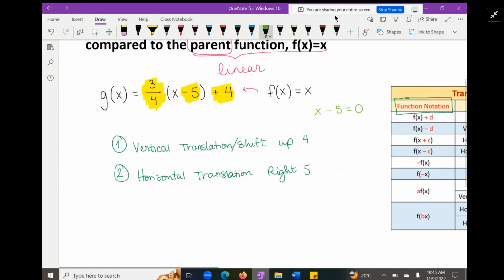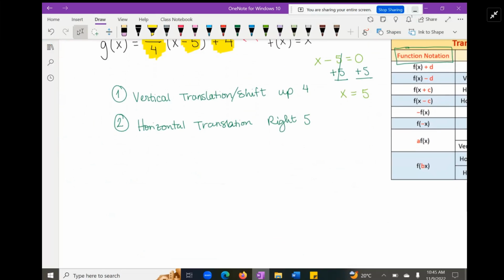This may be one way to show why it's actually positive 5. Okay, so when we solve it, we see that 5 is actually positive as an x value. So all in all, the whole entire graph is going to be shifting to the right based on that.